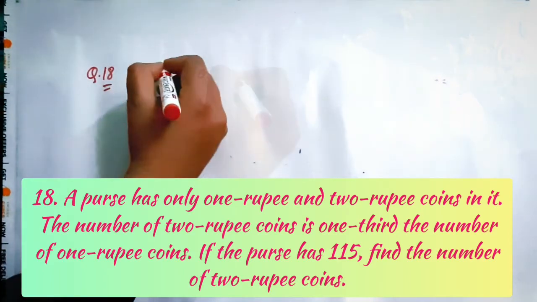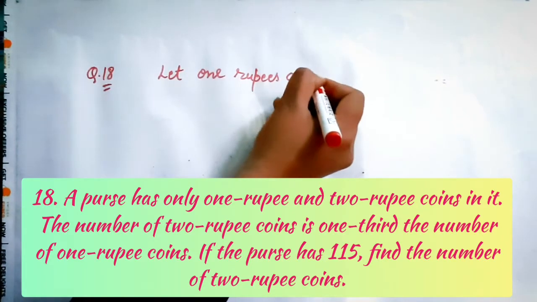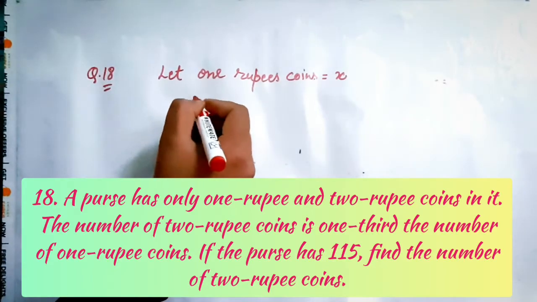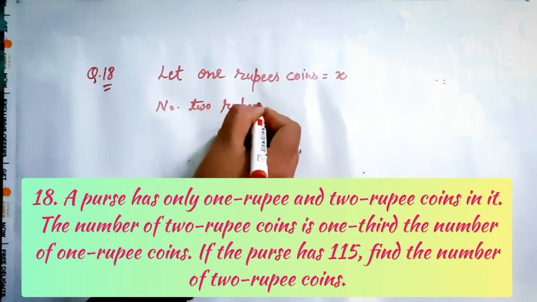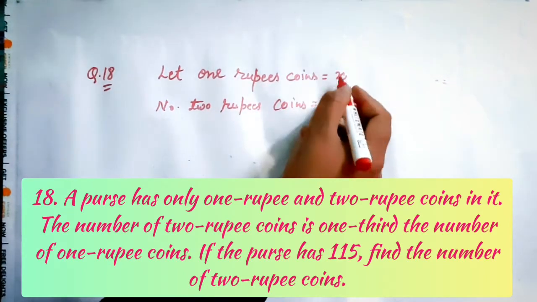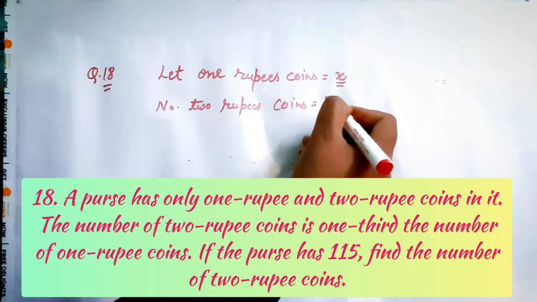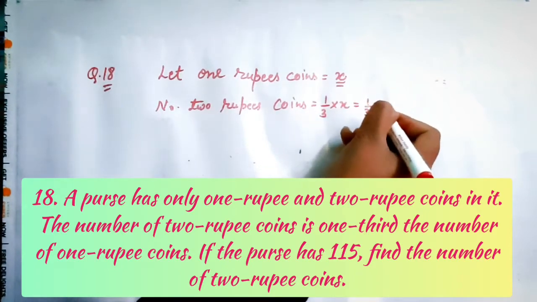So let 1 rupee coins equal x. What will be 2 rupee coins? The number of 2 rupee coins will be 1/3 of x, that is 1 upon 3 multiplied by x. You can say 1 upon 3 x.